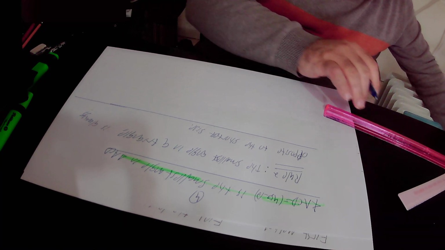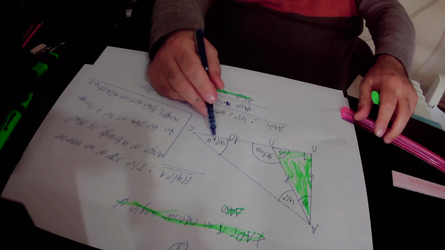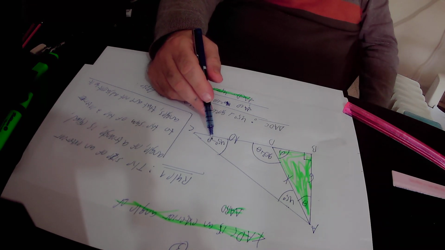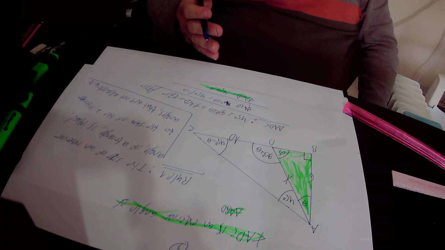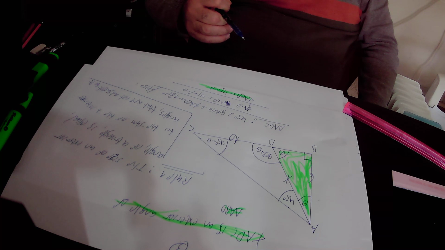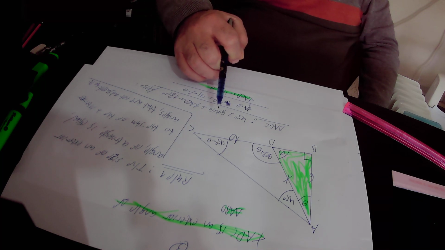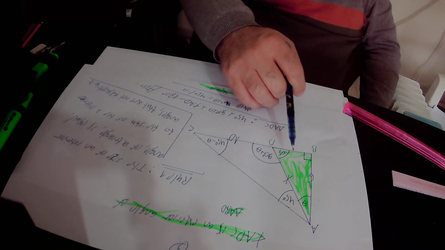So here, angle ACD is the smallest angle in triangle ADC, and according to rule number 2, it is located opposite the shortest side.